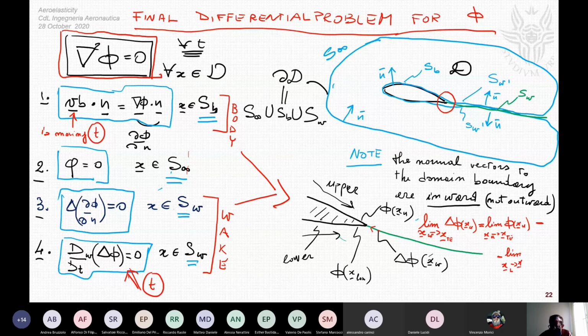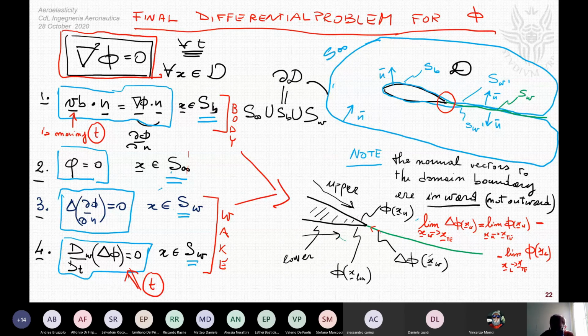Everybody is going to the trailing edge in this point, okay? But in the trailing edge point, at the limit, you should have that this limit should satisfy this condition, x lower.